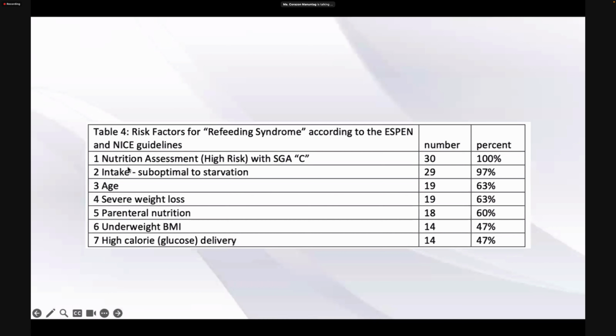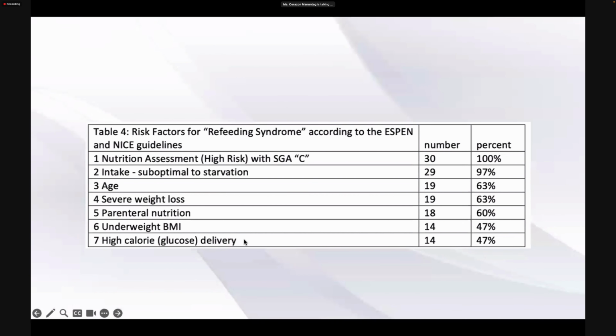Refeeding syndrome. This, I think, is nearing the end of the topic. For refeeding syndrome, essentially, we just want to identify those patients who are high risk for refeeding based on these risk factors so that we can modify the delivery. Because we realize nutrition is very important for your operative outcomes. However, not all of your patients need TPN with full kcal right away in 24 hours just because they haven't been fed.